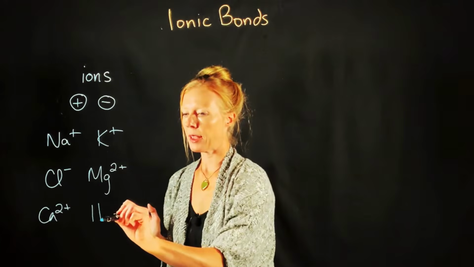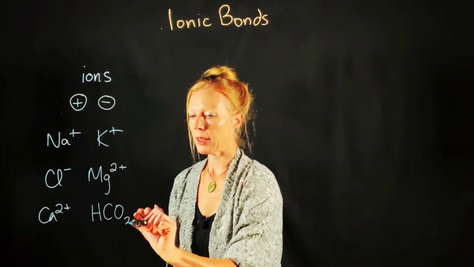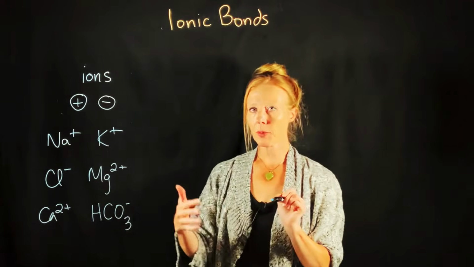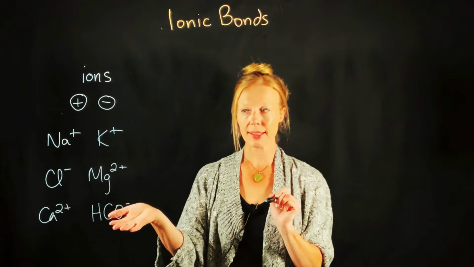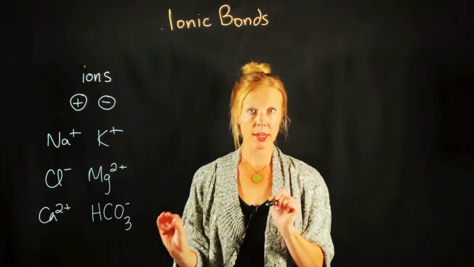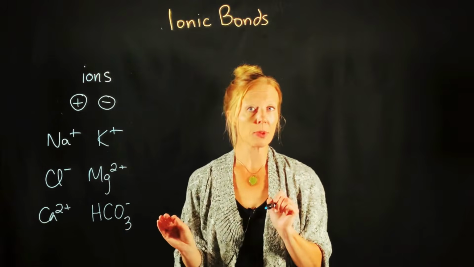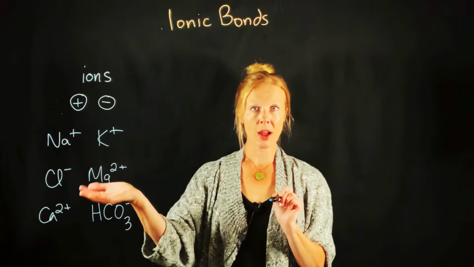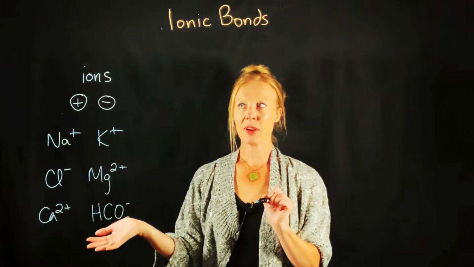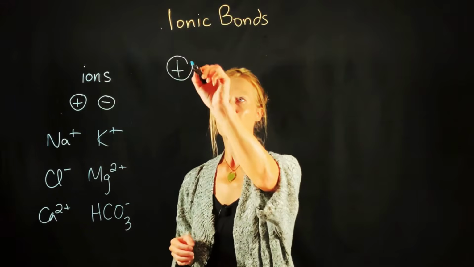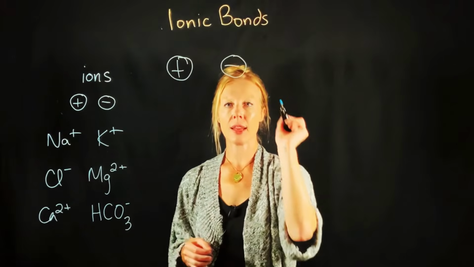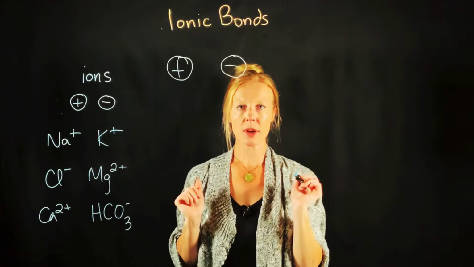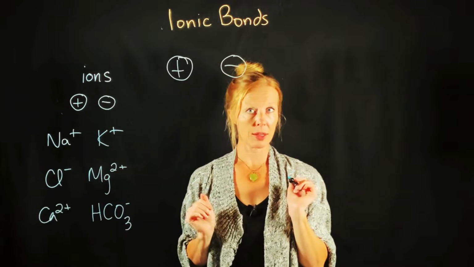We also have things like bicarbonate, HCO3. This is a small molecule that is in fact charged, critical for homeostasis in terms of blood pH. So that's what an ion is. And an ionic bond is the attraction between positive and negative. These are attracted to one another, and that would be an ionic bond.